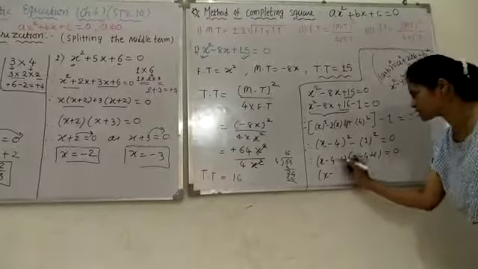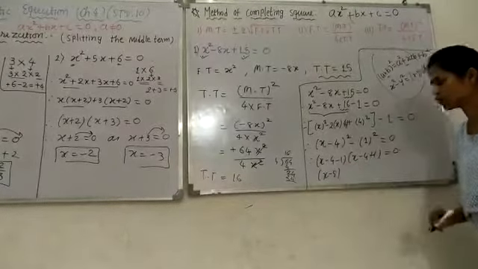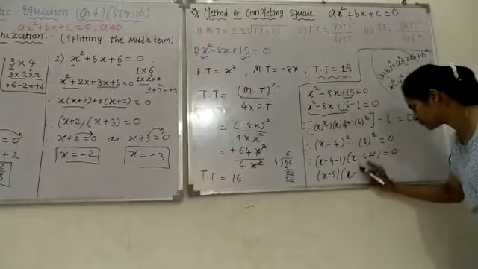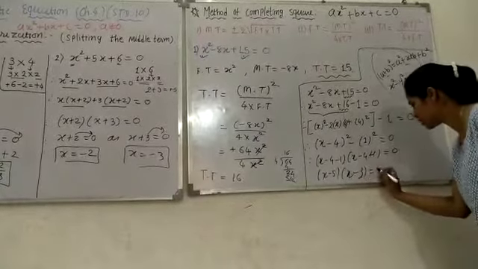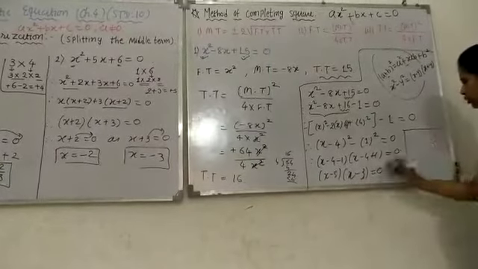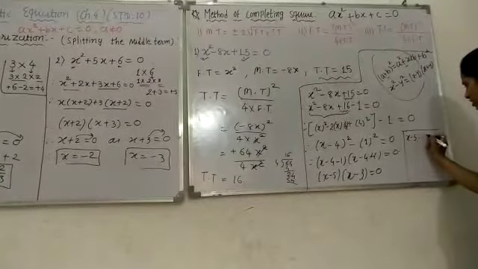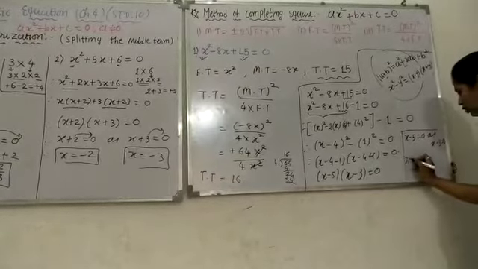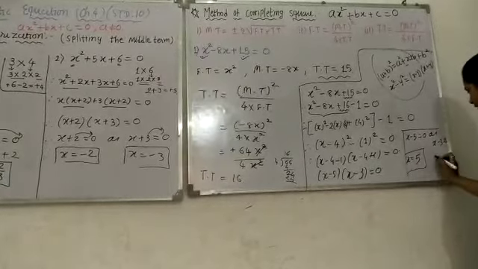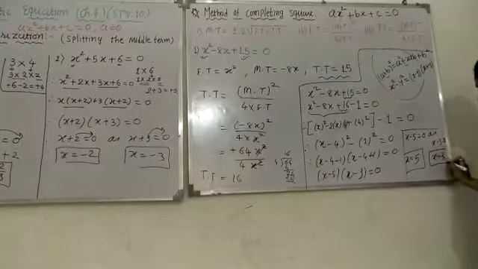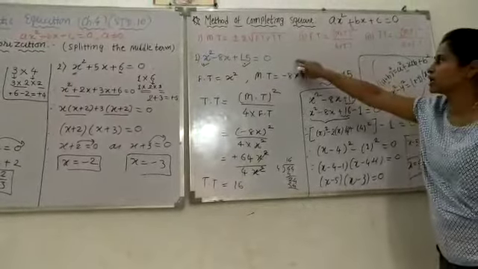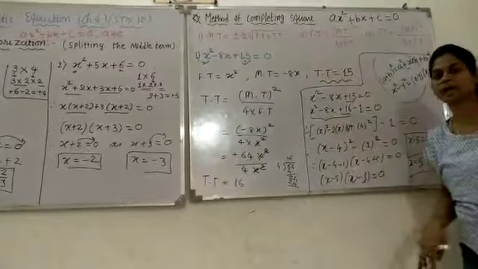So x minus 5, and in the same way, x minus 3, which is equal to 0. Apply the zero product rule. So x minus 5 is equal to 0 or x minus 3 is equal to 0. So you get x is equal to plus 5 and x is equal to plus 3. These two are the solutions of the given quadratic equation by using the completing square method.